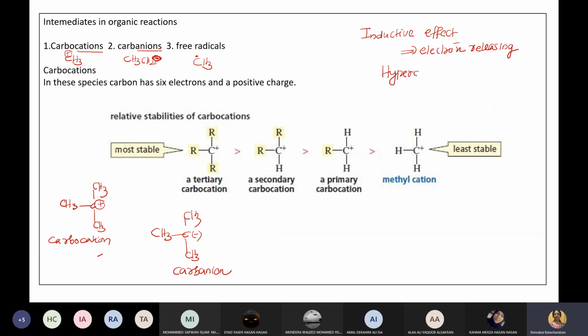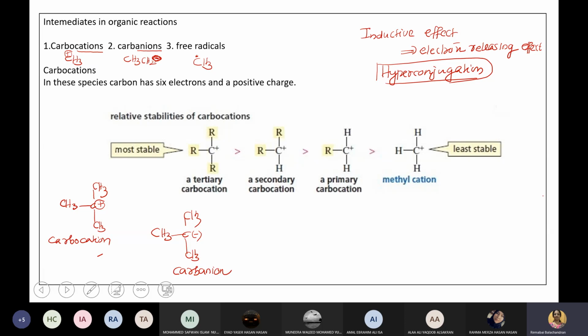You don't need to know it, but I can't neglect this, that's why I just introduced that term. Look, inductive effect means electron releasing effect. Alkyl groups are considered as electron releasing groups. So that effect is called inductive effect.